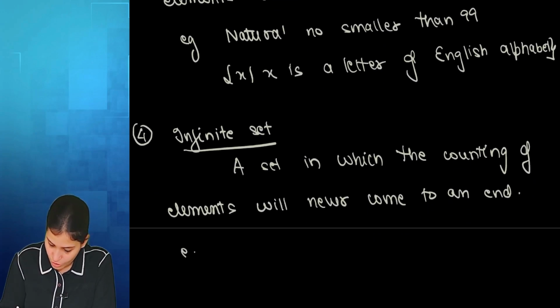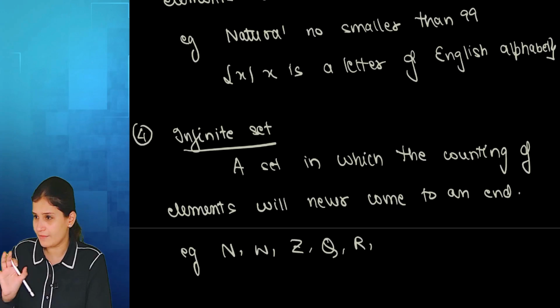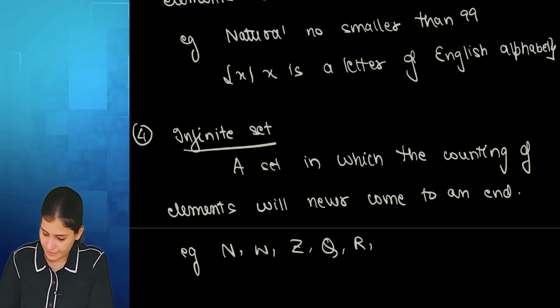For example, all special sets: natural numbers, whole numbers, integers, rational, real. One more word I haven't taught till now, but intervals. I'll explain.